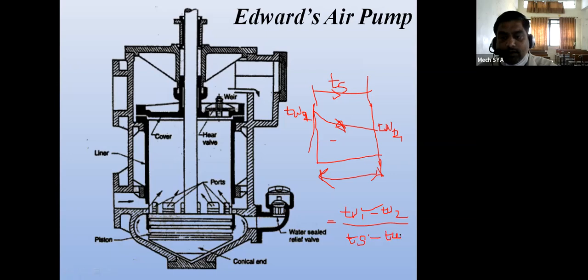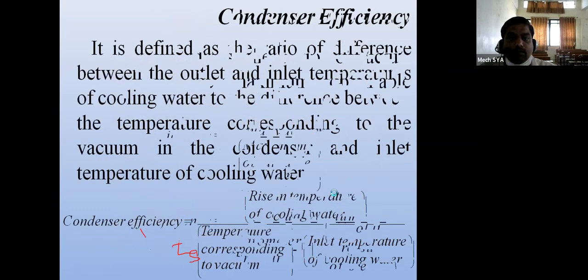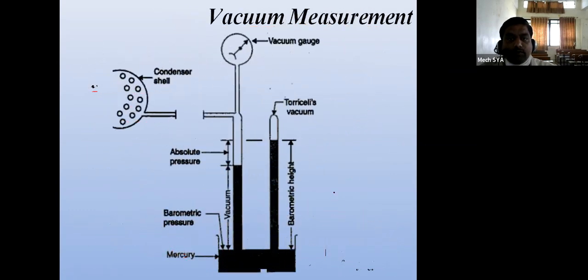TS is greater than TW1 because in saturation phase conversion the temperature remains constant. TS minus TW1 is the maximum, and this will be TW2. So TW1 minus TW2 over TS minus TW1, this ratio is called condenser efficiency. Vacuum efficiency is actual vacuum to the maximum possible.